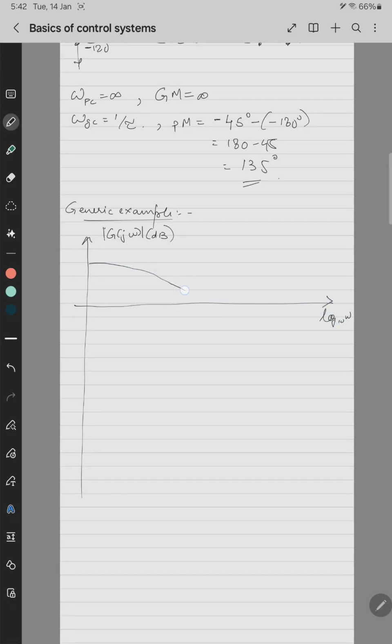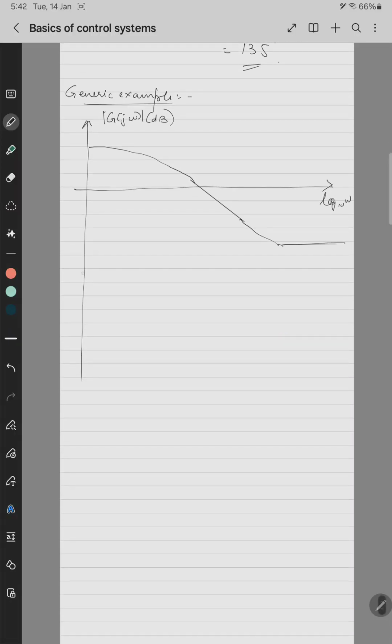So let's see. It cuts and somewhere it falls like this straightly, and then again it becomes flat. Similarly, this is the angle of G of j omega, and this is the omega. So it is like this.